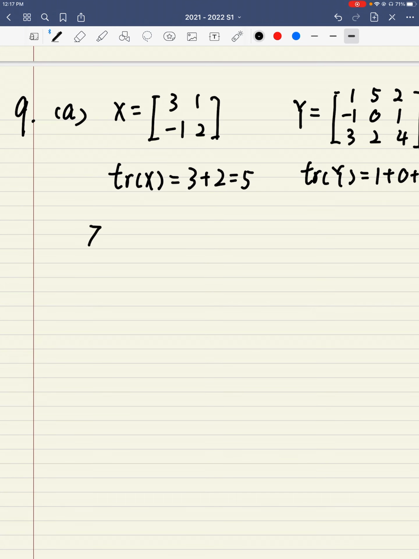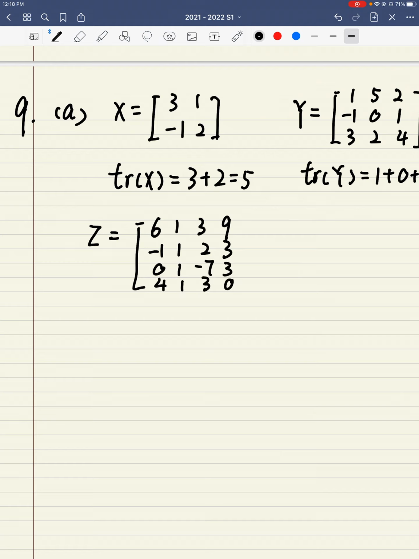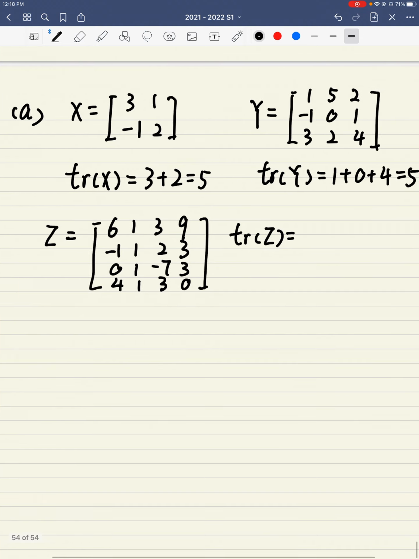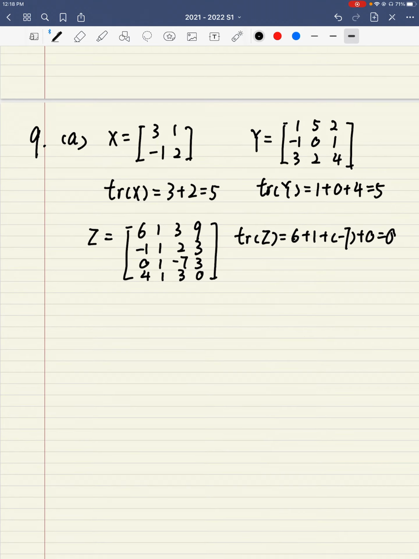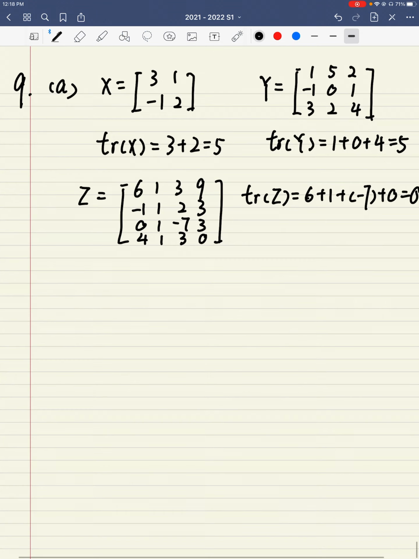Z is a 4 by 4 matrix, and the trace of Z is 6 plus 1 plus negative 7 plus 0. It is 0. So that's a trace.